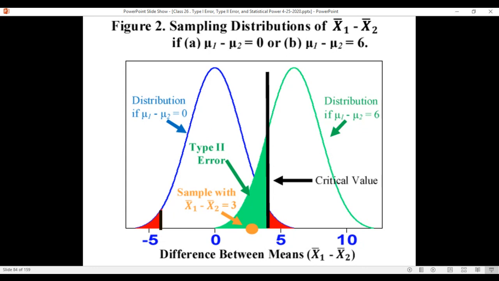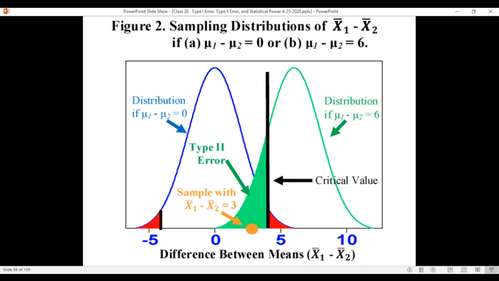Now, here's another question. Will the researcher conclude that the observed difference between the sample means is statistically significant? Let me repeat that. The researcher found that the observed difference between the means is 3, and 3 does not lie in the critical region for the distribution on the left, which is the sampling distribution of the difference between two means when the null hypothesis is true, that is, when the population means are the same.